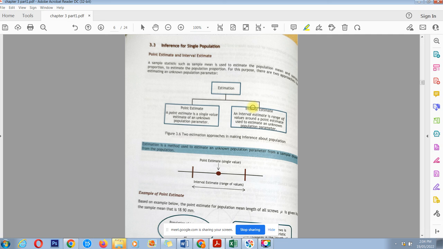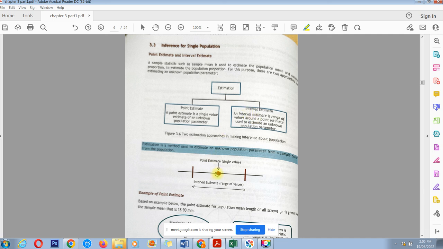So we always have two different kinds: point estimation and interval estimation. What is a point estimation? A single value estimate for an unknown population parameter. Interval estimation is a range of values to estimate the population parameter. So the point is a point itself, only a dot here.